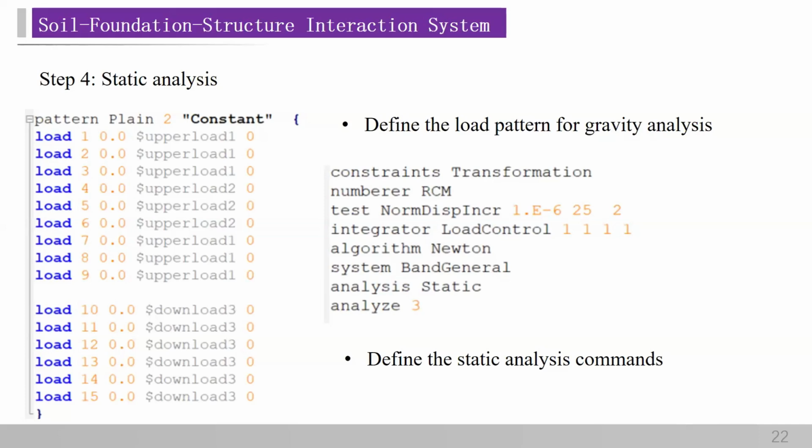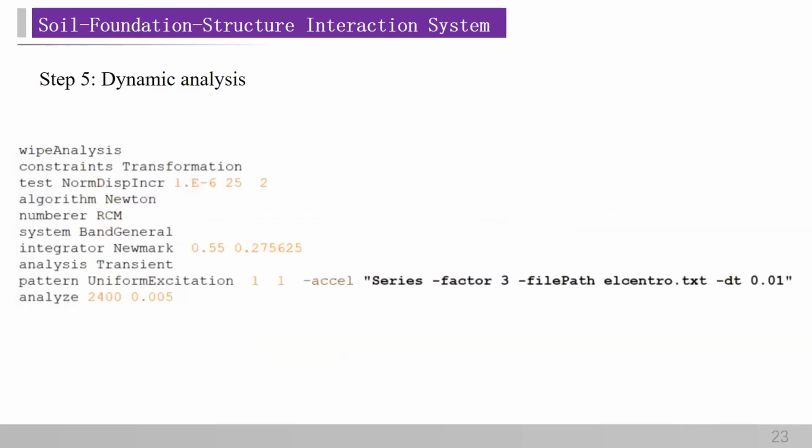And after the static analysis, we should apply the uniform excitation on the base of the soil. Don't forget to use the wipeAnalysis command to clear the static analysis, and use all these commands to perform the dynamic analysis. Notice here that we defined a load pattern UniformExcitation with tag 1 in the X direction, and use the earthquake acceleration.